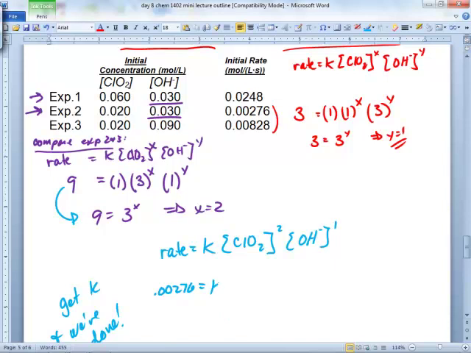Okay, K. What is chlorine dioxide? Oh, we're doing experiment 2. So chlorine dioxide is 0.02 raised to the 2. Hydroxide is 0.03 raised to the 1.